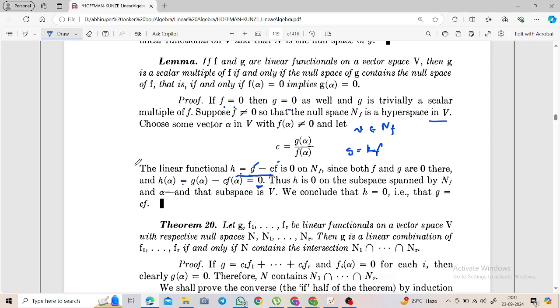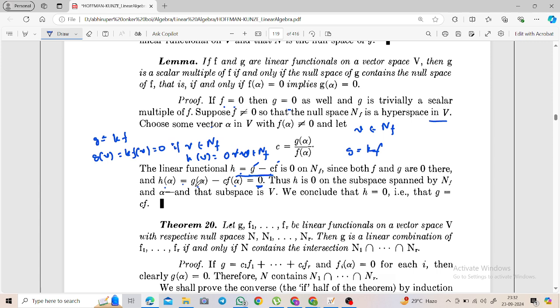Do you understand what they are doing? G is some k into f. So g(v) is equal to k f(v), which is equal to 0 if v belongs to N_f, right? This means that h(v) is 0 for all v belonging to N_f. Then again h(alpha) is also 0.